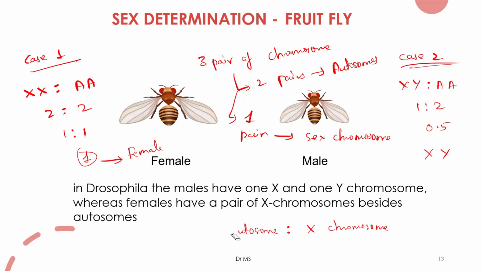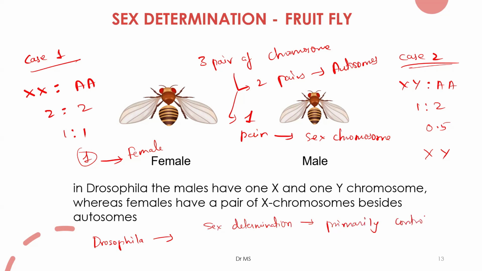Just remember this one thing. In Drosophila, sex determination is primarily controlled by the ratio of X chromosomes to autosomes, so you can say the X to A ratio.